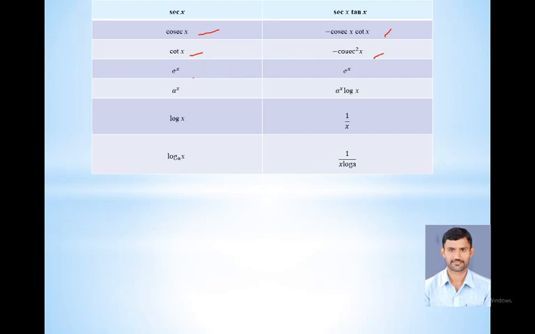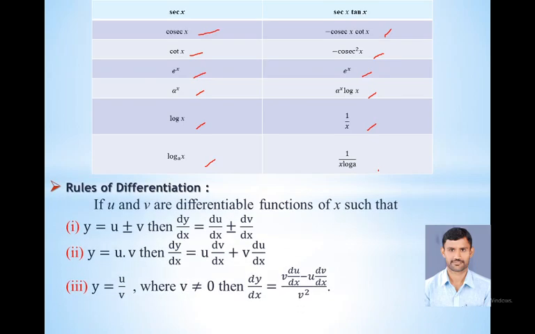If function is e raised to x, then its derivative is e raised to x. If function is a raised to x, then its derivative is a raised to x into log a. If function is log x, then its derivative is 1 upon x. And last one, if function is log x to the base a, its derivative is 1 upon x into log a.